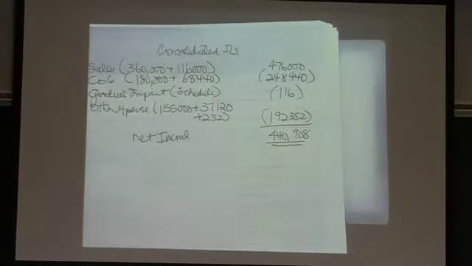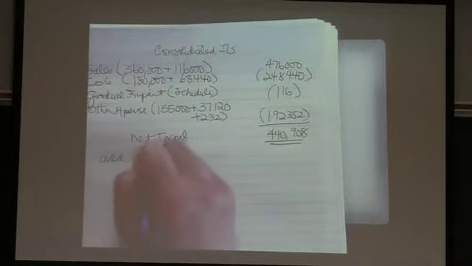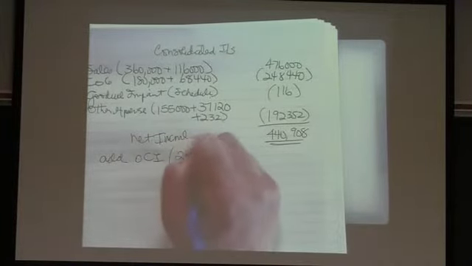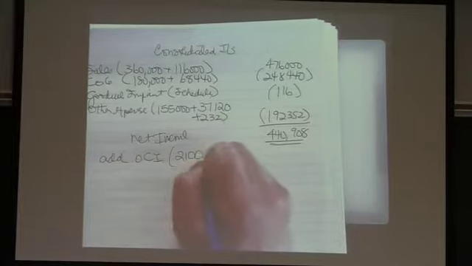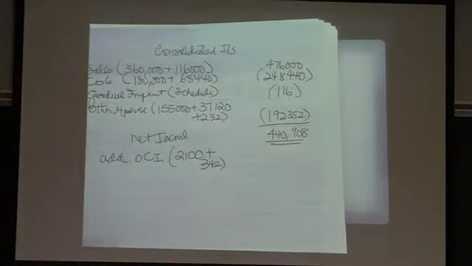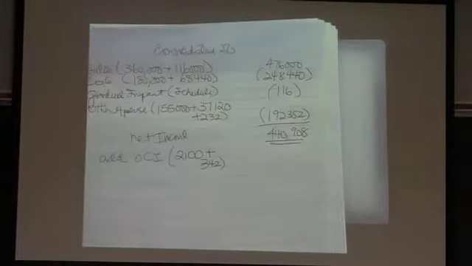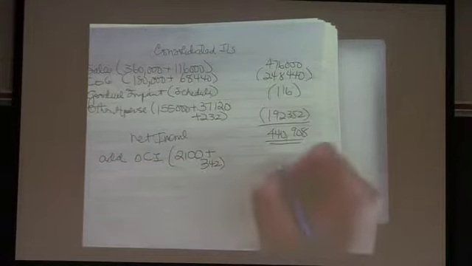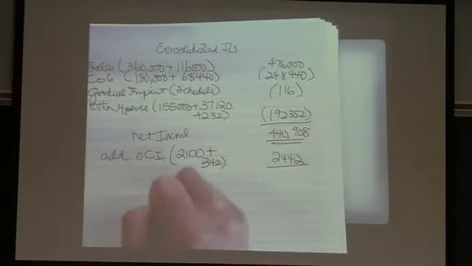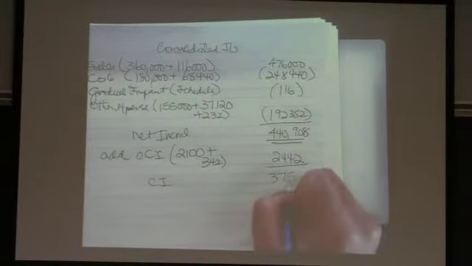Net income. Now, we're going to add to that OCI, other comprehensive income, and we know that was 2,100 plus now we need to add the 342, which is these two. 2,442 to give us comprehensive income of 37,534.